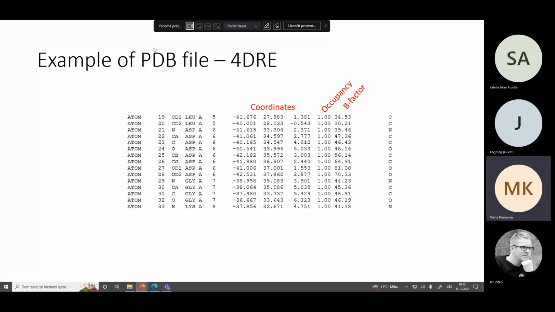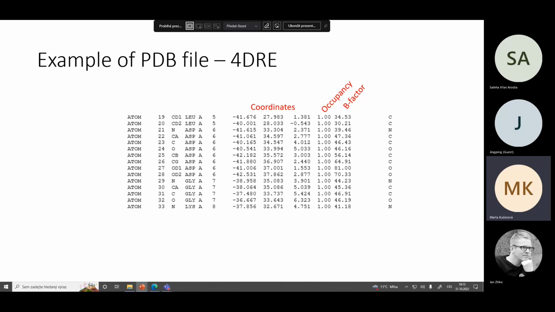If you download and open the PDB file, you would be able to see plenty of pages, maybe tens or hundreds of pages, where every atom has its line with the number of the atom and the element of the atom. You are able to see the XYZ coordinates, and the occupancy factor and B factor, the so-called temperature factor.